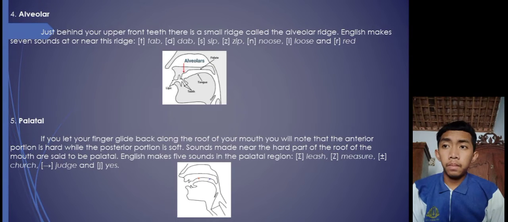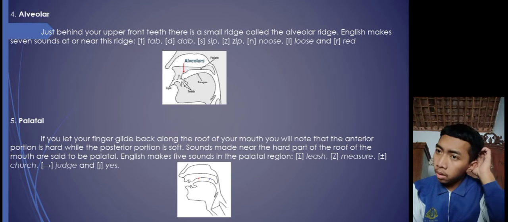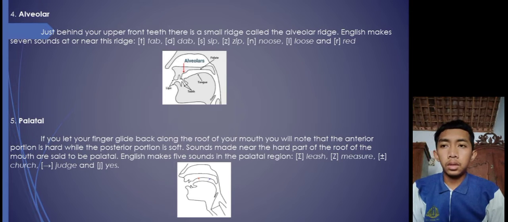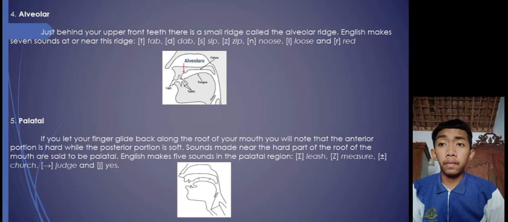Number 5, palatal. If you let your finger slide backwards along the roof of your mouth, you will notice the anterior is firm while the posterior is soft. Sounds made near the hard part of the roof of the mouth are said to be palatal.